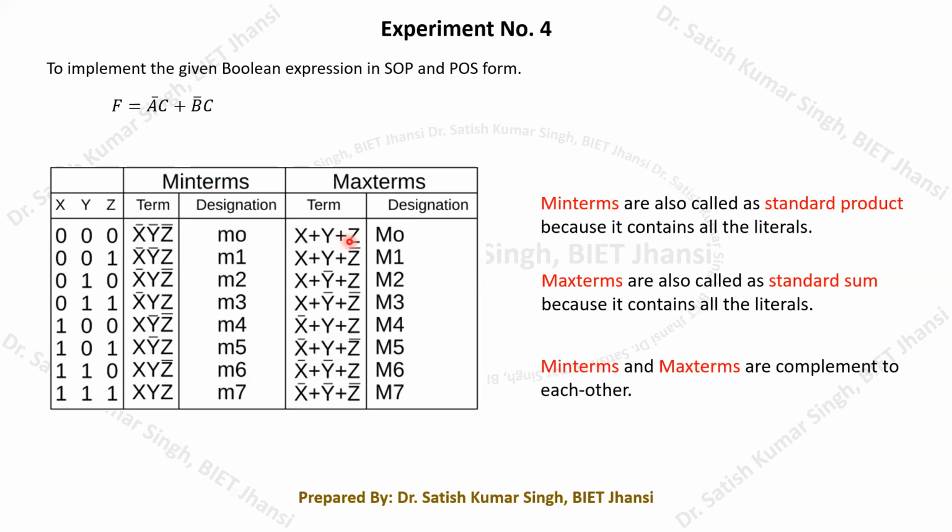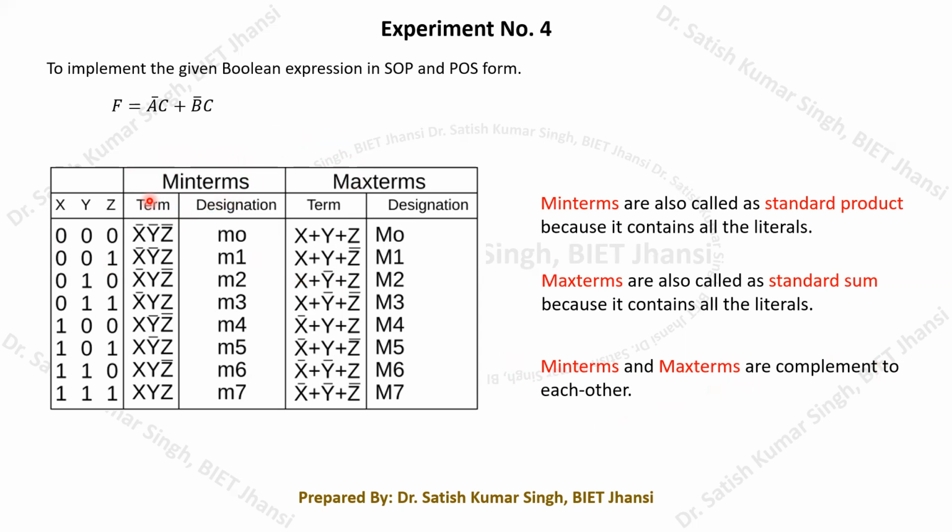So you have to remember that min terms and max terms are generally complements of each other. This min term is also referred to as the standard product term; you can call it either min term or standard product.